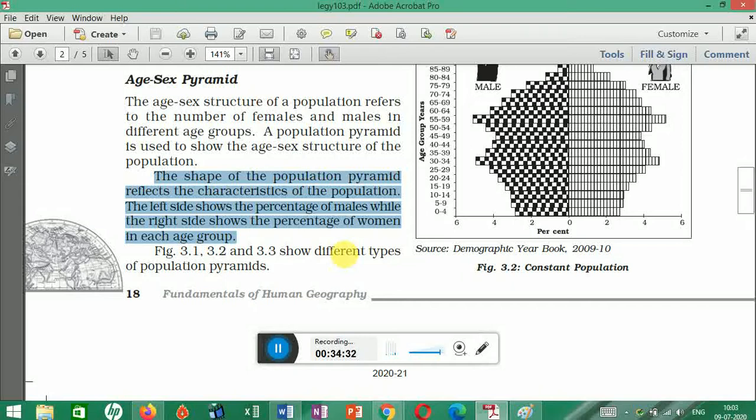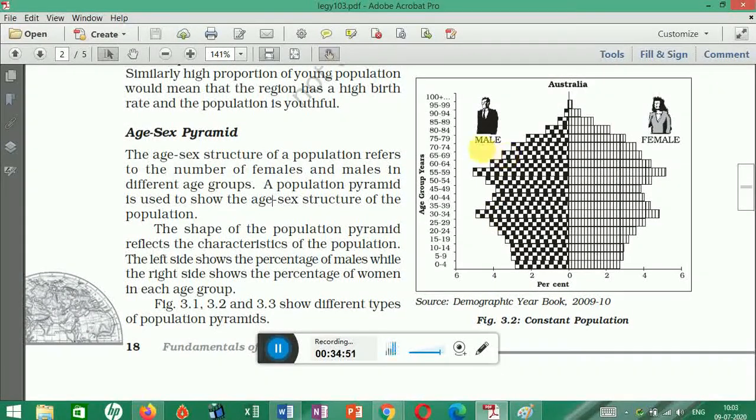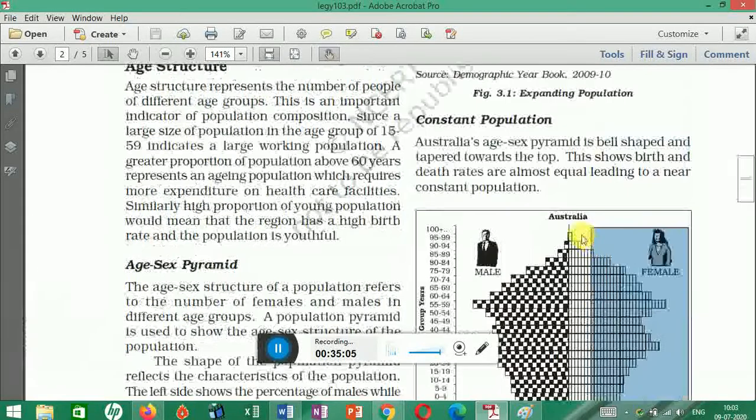The shape of the pyramid tells what kind of population it is, whether it is a youthful population or an aging population. In a population pyramid, the left side represents males and the right side represents females.